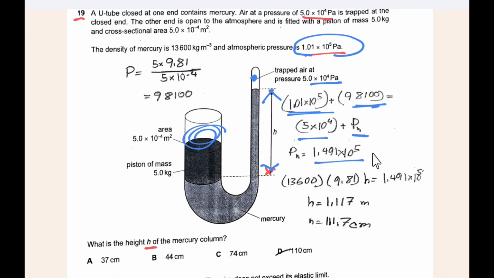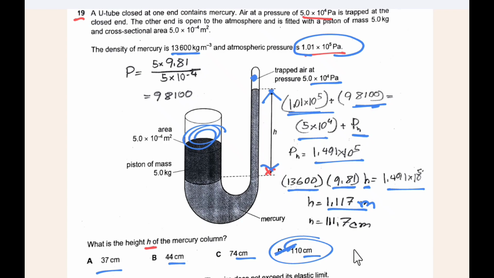We know that pressure is equal to rho gh, so the density of mercury into gravitational field strength into height is equal to the pressure. After calculating, we get the height as 1.117 meter, and since our answers are in centimeter, after converting it comes to be 111.7 centimeter, that is approximately equal to 110 centimeter. So the option is D.